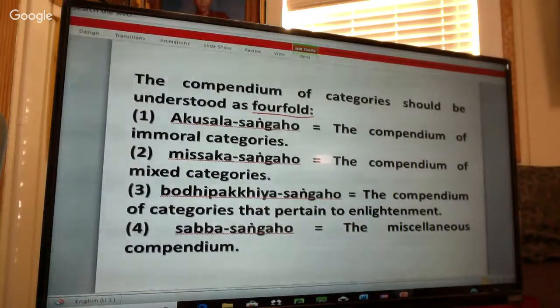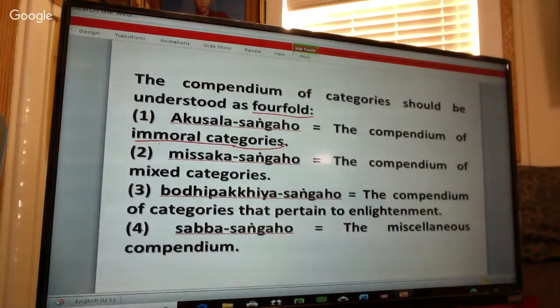Number 1 is Akusala Sangaha, a compendium of the immoral category. Akusala is immoral; Sangaha here we say category.